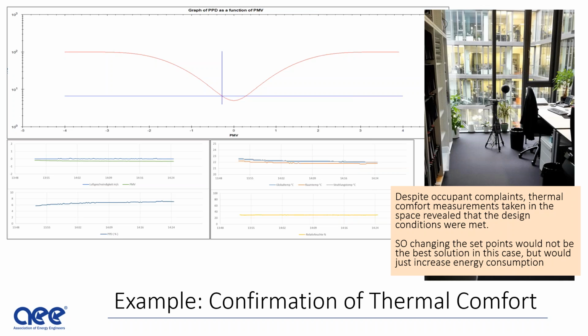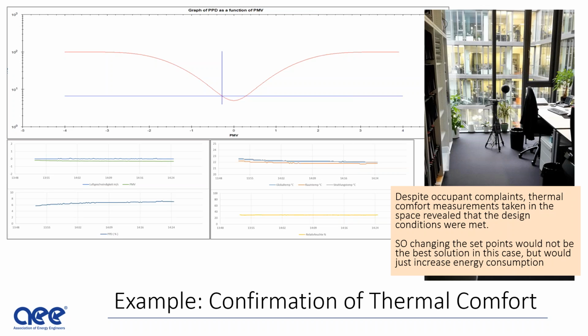Now that doesn't mean that there are no issues. If the occupants aren't happy, then of course that's an issue. But oftentimes, especially on a busy day, if the phone's ringing off the hook, people want fixes right now, they want it yesterday.